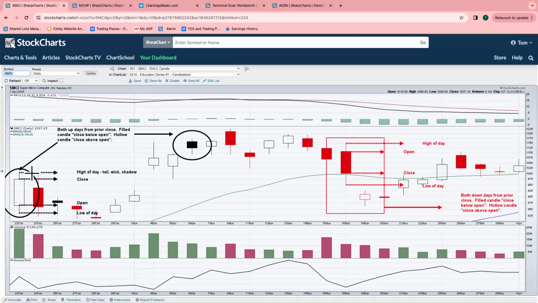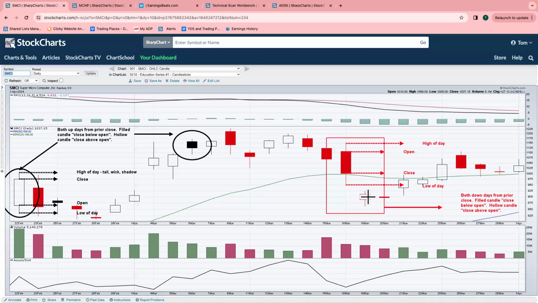So it doesn't matter if it's black outlined or red outlined. You are still closing above the open for that day. The reason they're different colors is because with the black outline, the close this day was higher than the prior day's close, and with the red outline, the close this day was lower than the prior day's close.